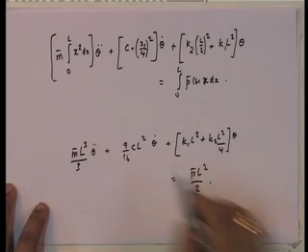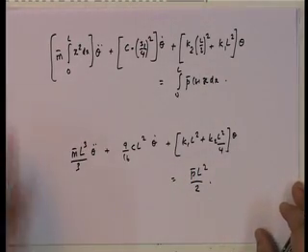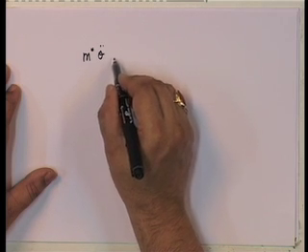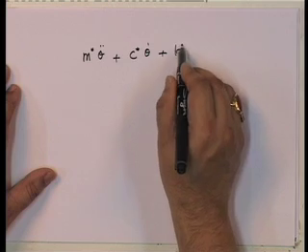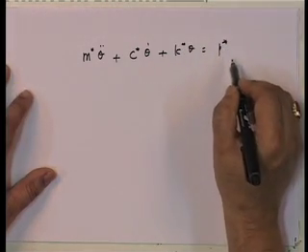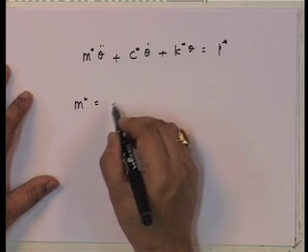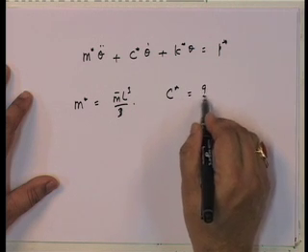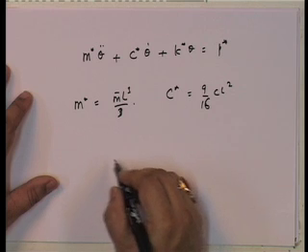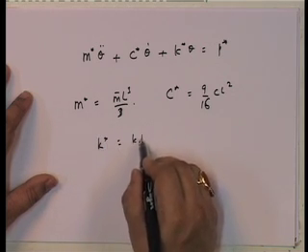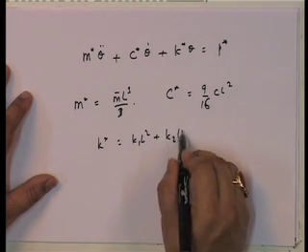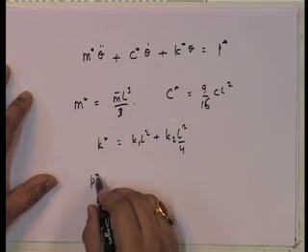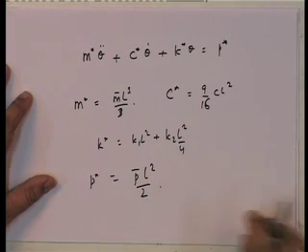Therefore, I can rewrite this problem in the following format: m star theta double dot plus c star theta dot plus k star theta is equal to p star, where m star is m bar L cubed by 3, c star is equal to 9/16 C L squared, k star is equal to k 1 L squared plus k 2 L squared by 4, and p star is equal to p bar L squared by 2.